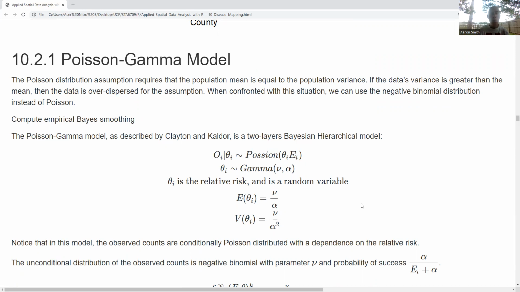We're going to say that our relative risk is a gamma random variable, and then we're going to say that our Poisson random variable is the relative risk times the expected number of cases. And so our observed cases is a Poisson random variable with this relative risk times expected as its expected value.